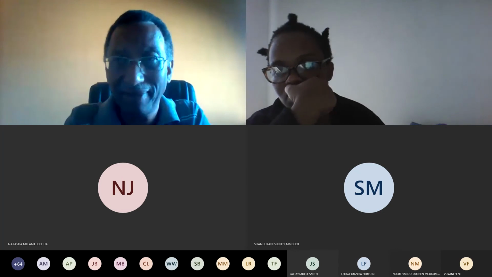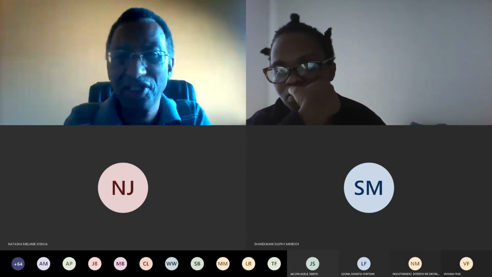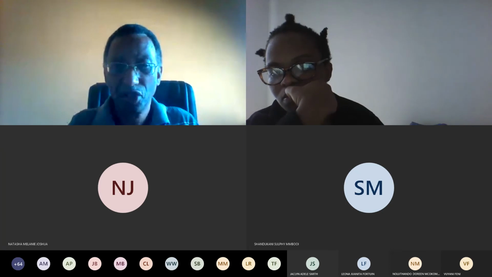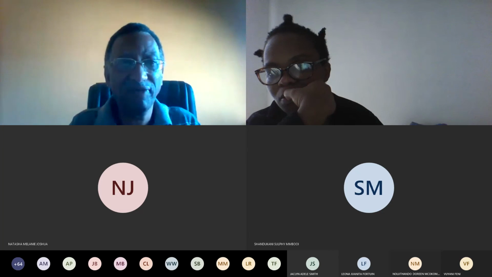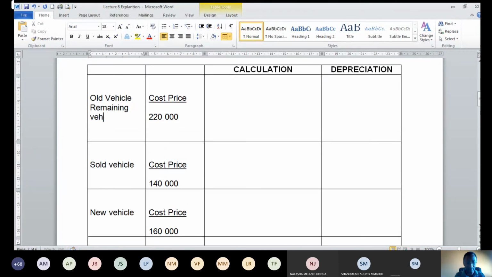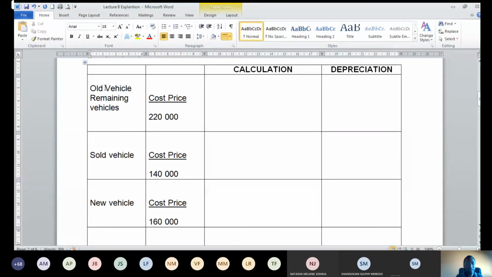So the remaining vehicles, the vehicles that we are still left with, that is the 220,000. So we can refer to that as our old vehicles, or sometimes people also refer to that as our remaining vehicles. Okay, that is the vehicles, guys, that we have started the year with. Our old vehicles or our remaining vehicles.